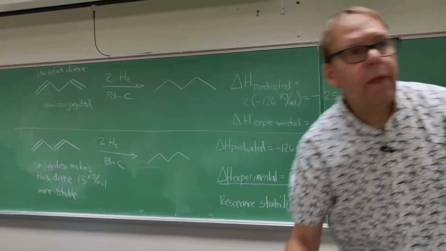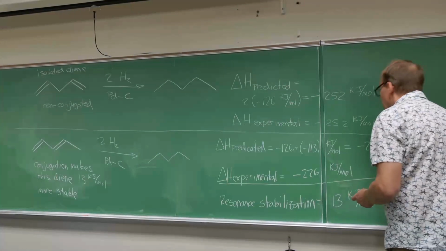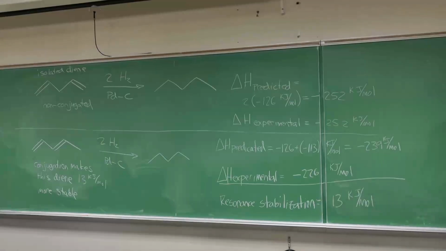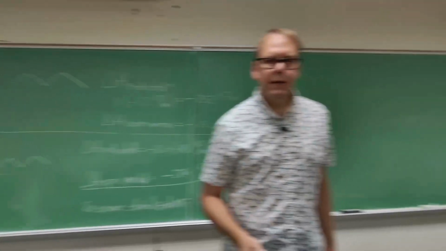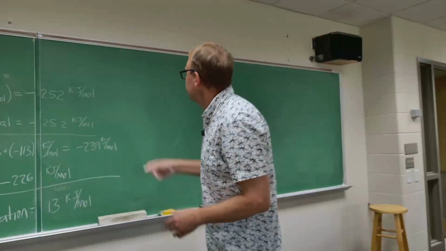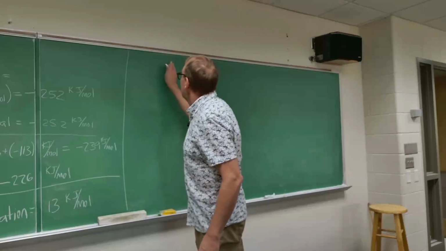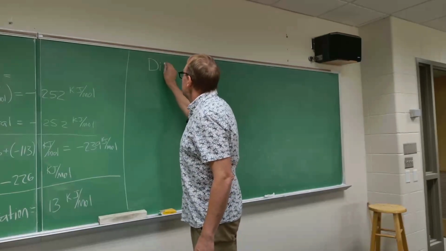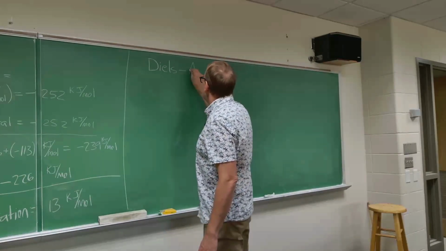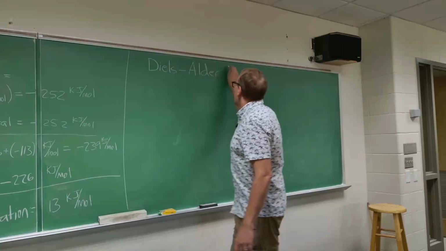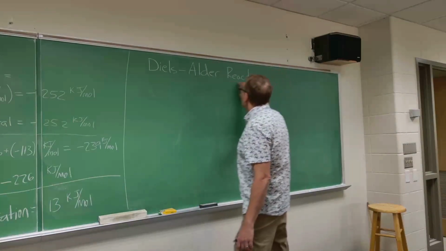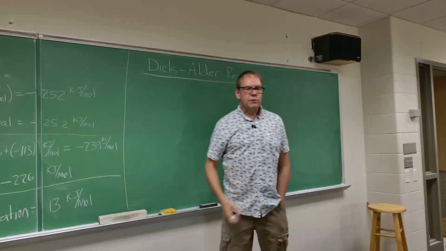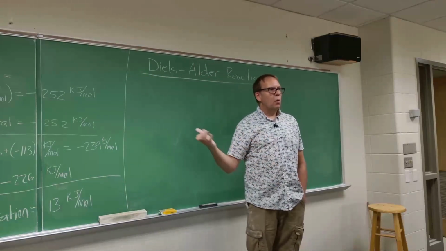Okay, well that preps us for this new topic that we're going to talk about, which is the Diels-Alder reaction. So the Diels-Alder reaction was the subject of a Nobel Prize a while back.